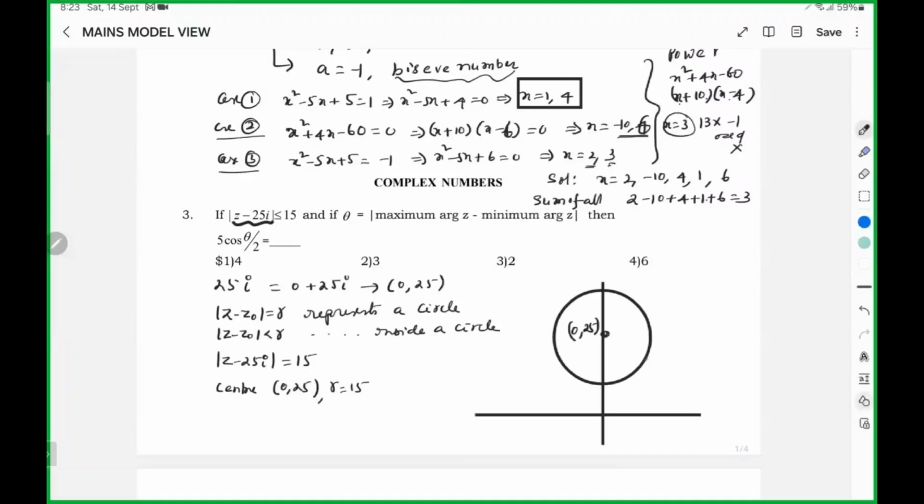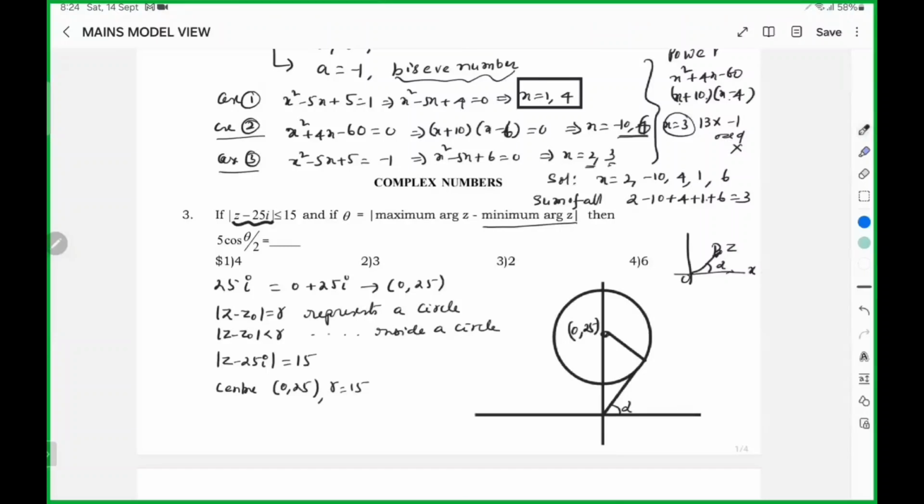So now, this angle is theta. This one is, here the minimum of arg z. What does it mean? So here if you take a complex number z, argument will be angle made by the OP line with the x-axis.